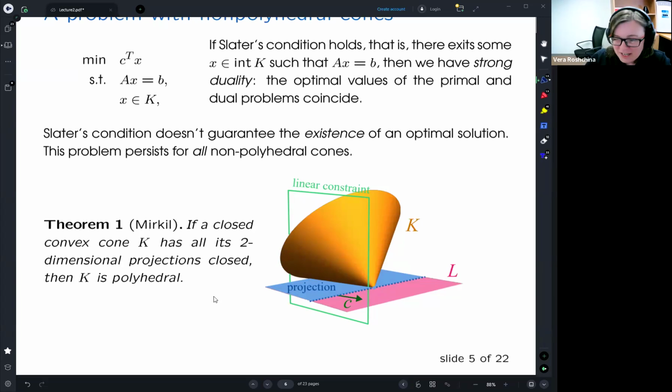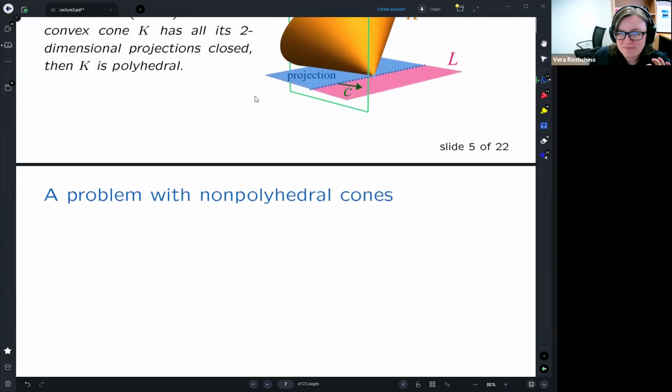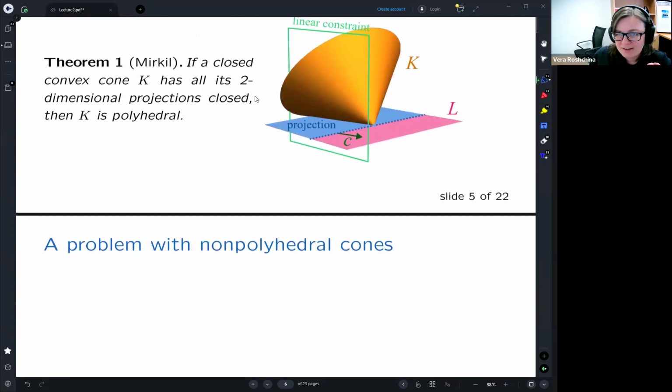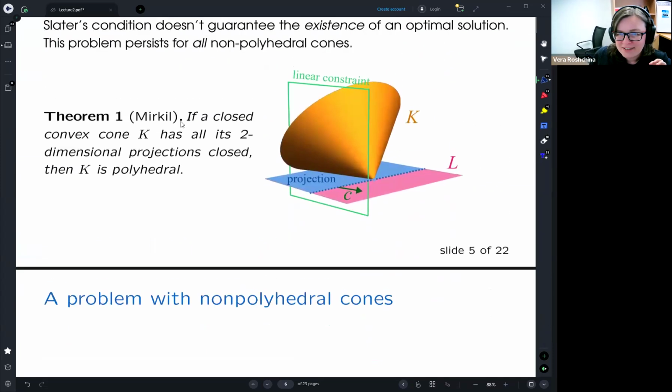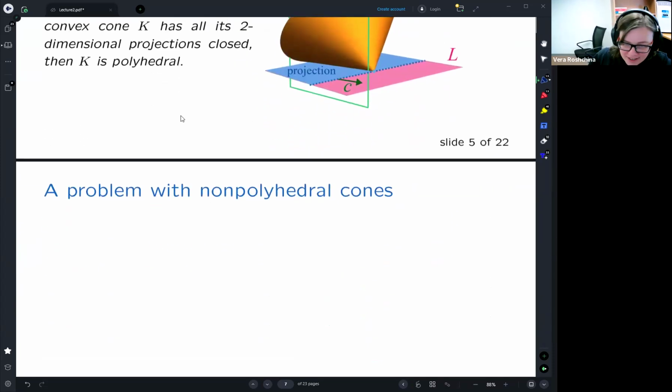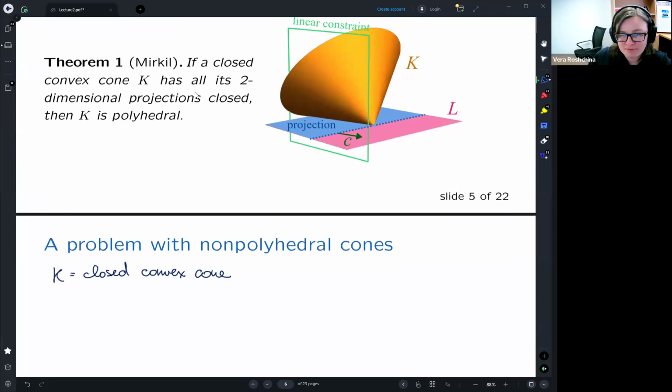So let's write a conic optimization problem for an arbitrary cone for which there is no optimal solution. So the Slater condition is satisfied, but there is no optimal solution, right? So let's do it. Take any closed convex cone. Then by the theorem, it's not polyhedral.